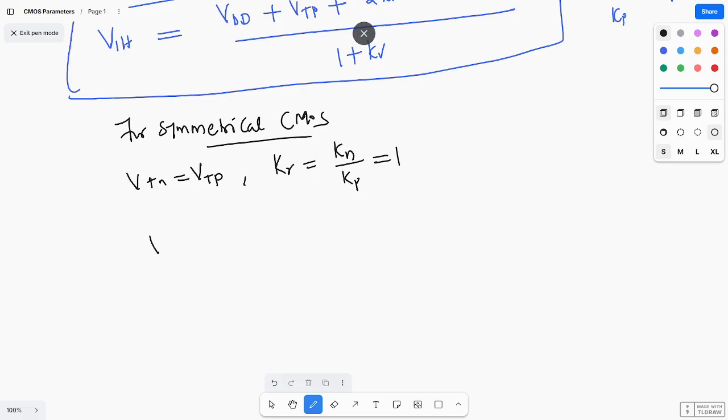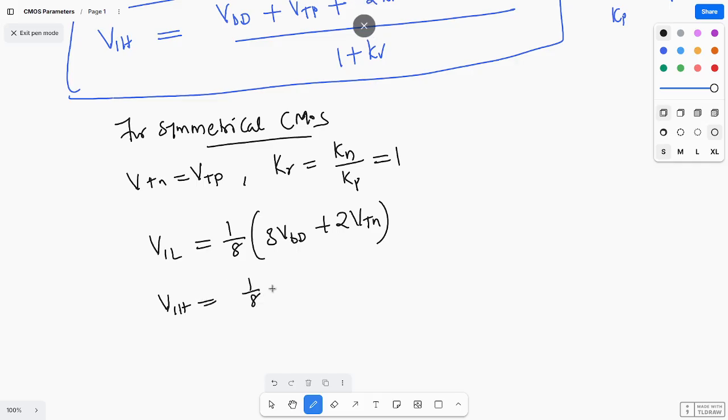So here you will get, after approximation, VAL equal to 1 by 8 (3 VDD plus 2 VTN), and VAH equal to 1 by 8 (5 VDD minus 2 VTN). So these are the approximations you will get.